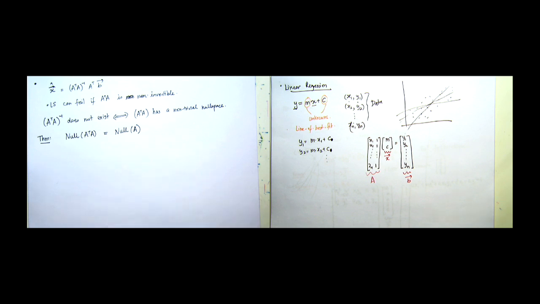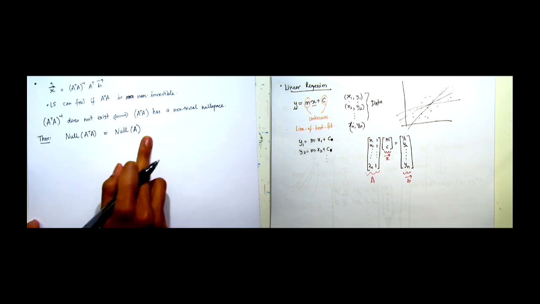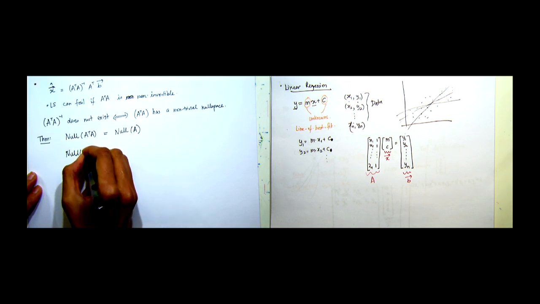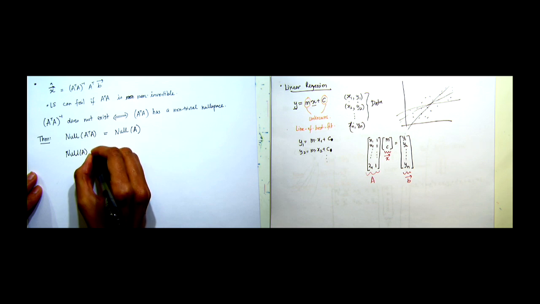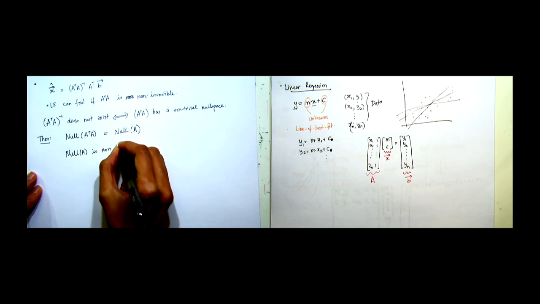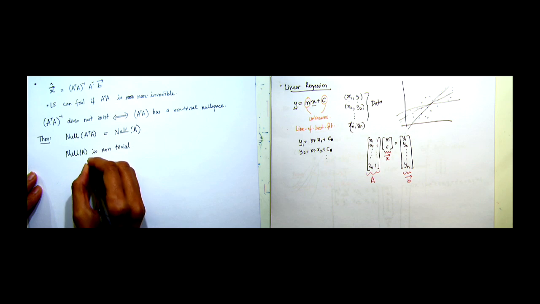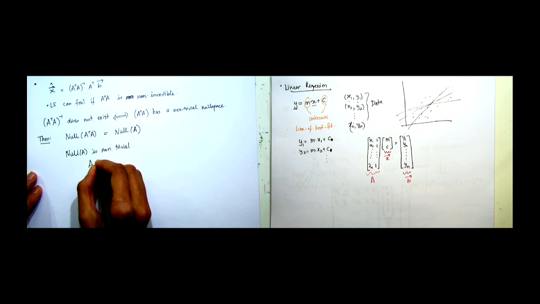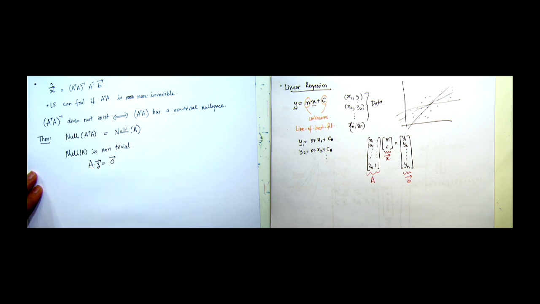And remember, what does it mean for, let's say, the null space of A to be non-trivial? It means that there exists some vector, let's say vector Z, such that A times Z is equal to 0, and Z is not a 0 vector.